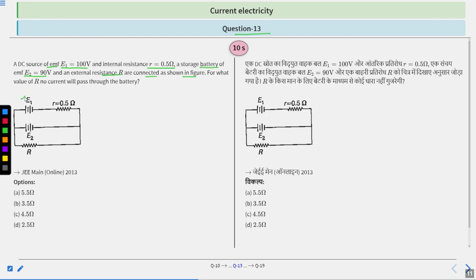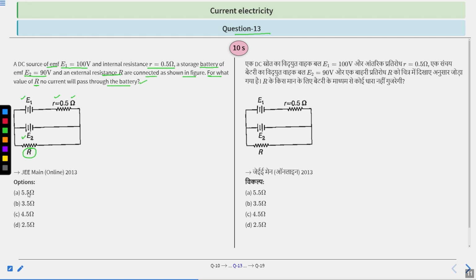In this figure, this is E1, E2, the internal resistance r equal to 0.5 ohm, and the resistance R. For what value of R will no current pass through the battery? Clear? That is what is asked in this question.